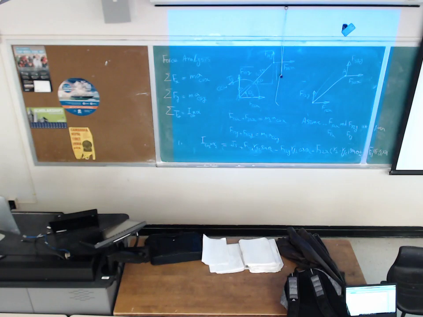And y double dot of center of gravity would be A theta double dot 2 cosine of theta 2 minus A theta dot 2 squared sine of theta 2. And this is acceleration of center of gravity in x direction, and this is the acceleration of center of gravity in y direction.